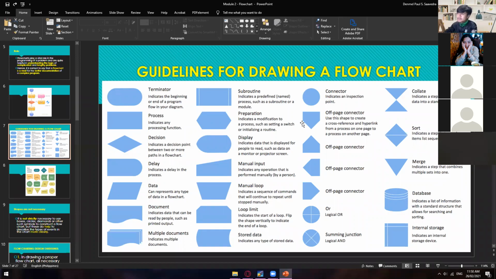But for the off-page connector, your flowchart is now divided into two pages. If it's still in one page, meaning this part is still connected to this part, then you can use the connector. So later on, we're going to have an example on how to use a connector or an off-page connector.